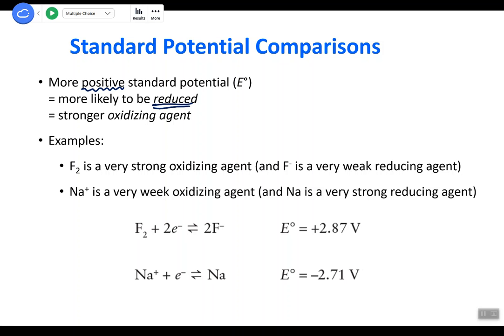If it has a really big positive value, like fluorine here, with its half cell potential of plus 2.87, that's a really big number on this scale, fluorine is really likely to be reduced. That means it's a very strong oxidizing agent.